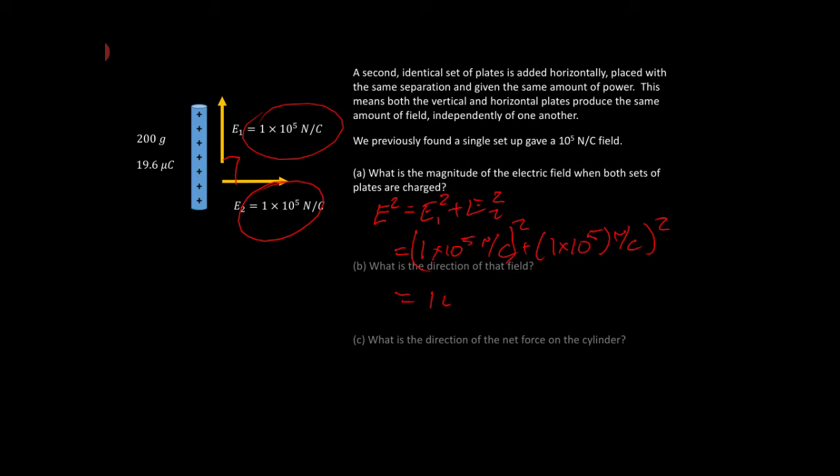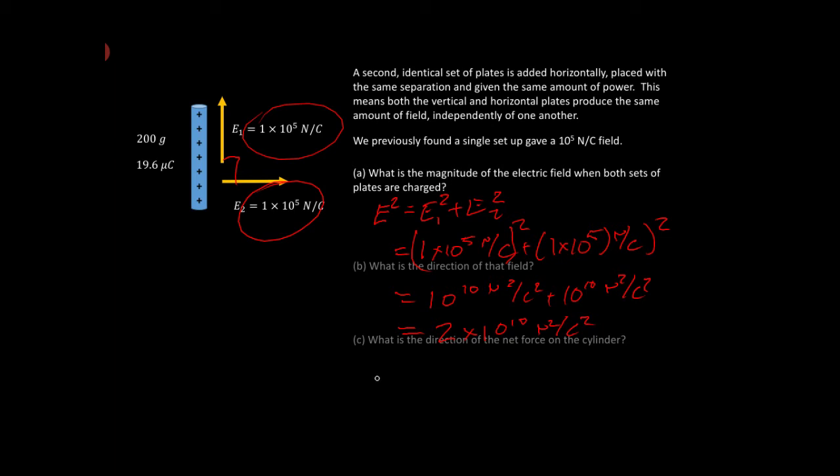That's just 10 to the 10th newtons squared per coulomb squared plus 10 to the 10th newtons squared per coulomb squared. 10 to the 10th plus 10 to the 10th is 2, so we have 2 times 10 to the 10th N squared over C squared.